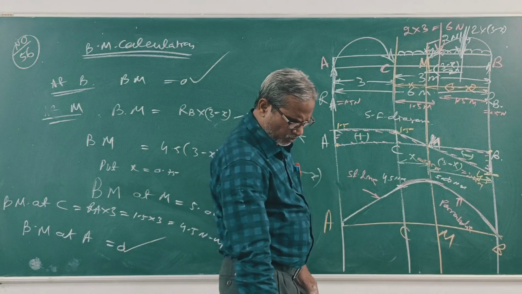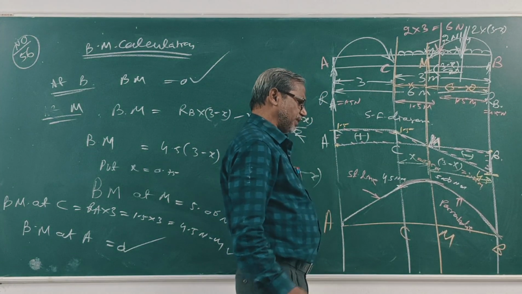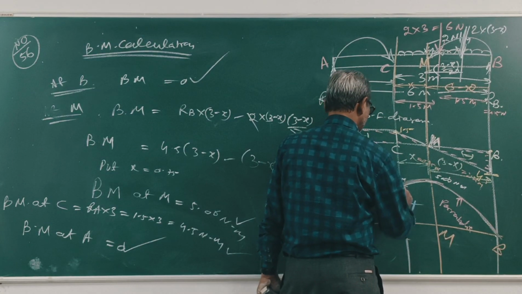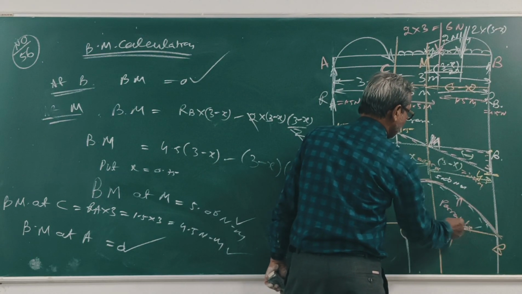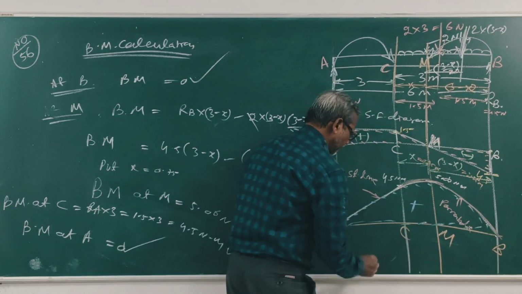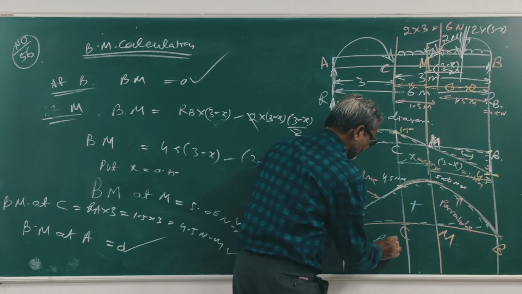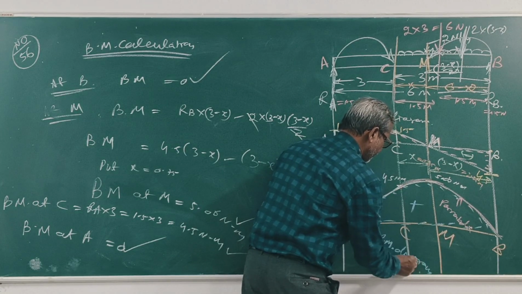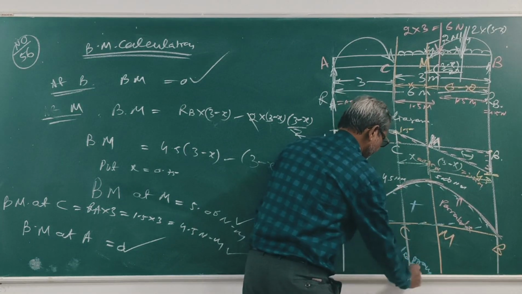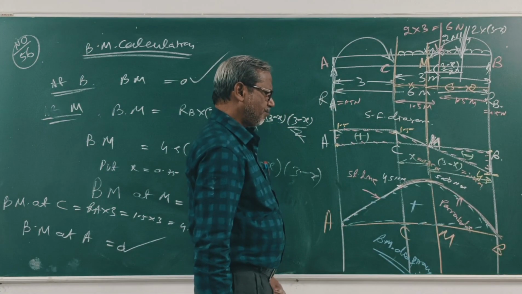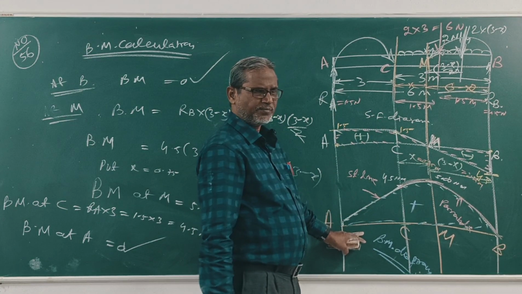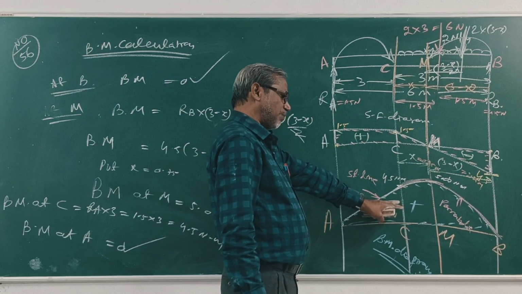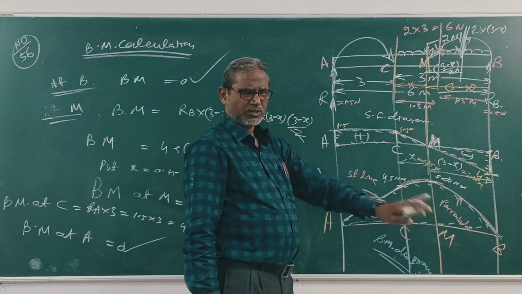So all are positive, so the figure is above the baseline. This is plus. This is the BM diagram. Clear? Shear force diagram can be positive or negative, but in the BM diagram all are positive, so the figure is above the baseline.